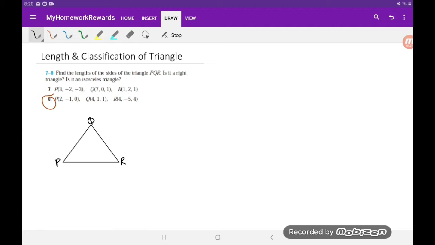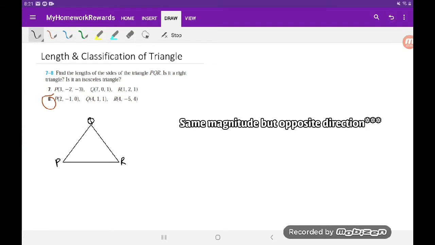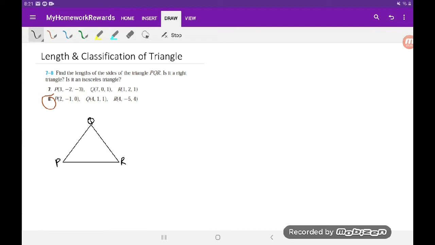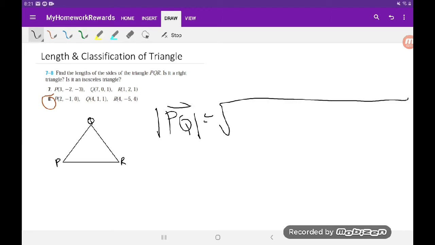So let's get started creating a vector for the side length PQ. We know the points in 3 dimensions, so what we can do is create a vector. Now it doesn't matter if we create vector PQ or QP, they're going to have the same direction. And we're really only interested in the magnitude. So the magnitude of vector PQ is going to equal the square root of the x, y, and z coordinates squared.